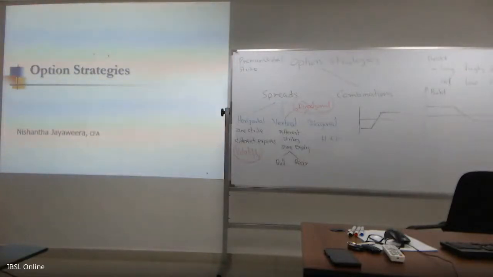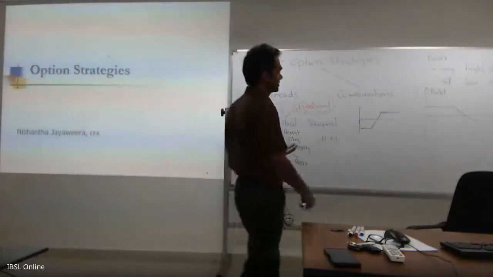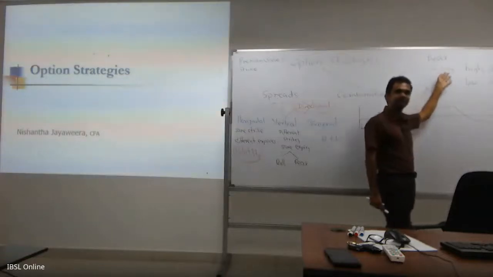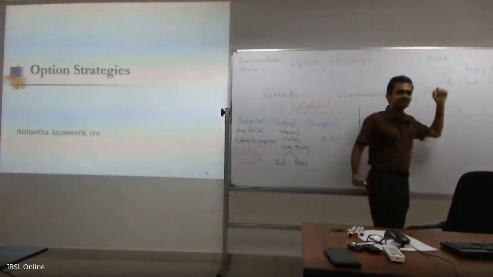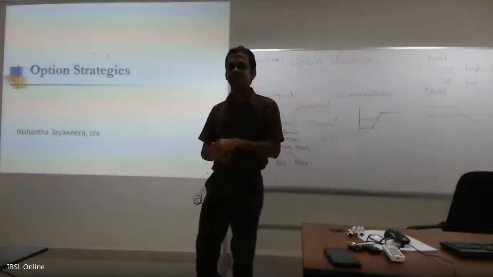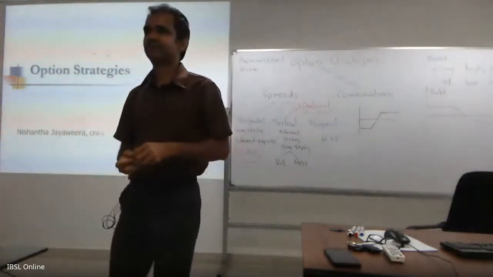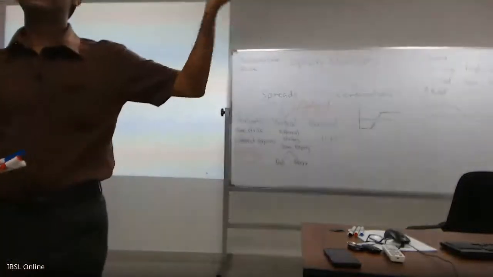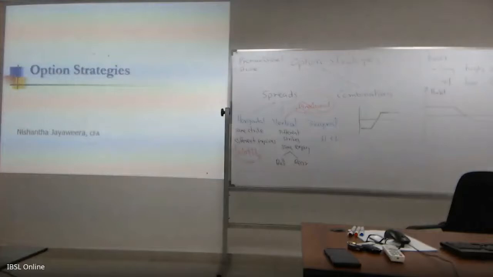If you can't remember what I just mentioned, now you should know the answer. Just before, in a bull spread, I mentioned you buy an option with a lower strike and sell an option with a higher strike.